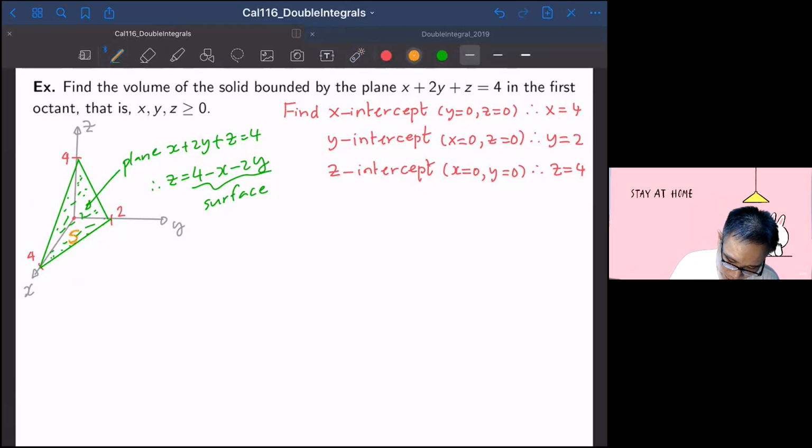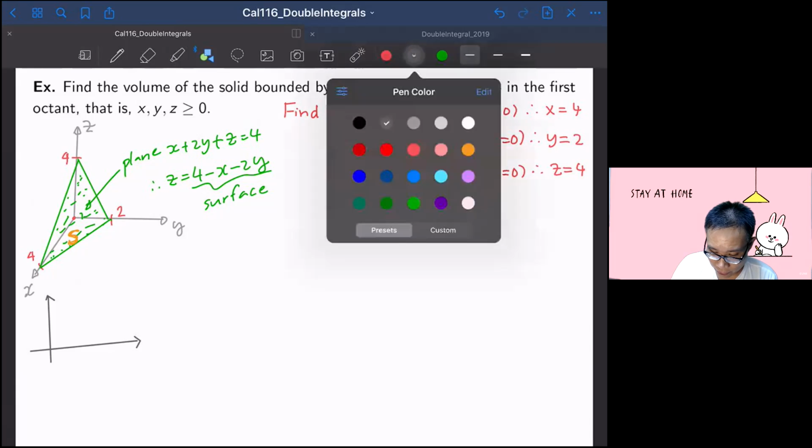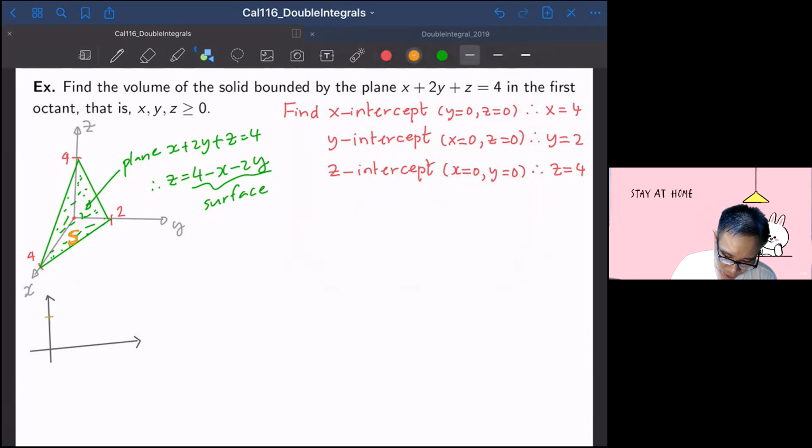The region S is on the floor. If you draw the region S in two dimensions, the picture turns out to be like this. So you have X and Y, and you have the region S. You have the Y intercept equal to 2 and the X intercept equal to 4.